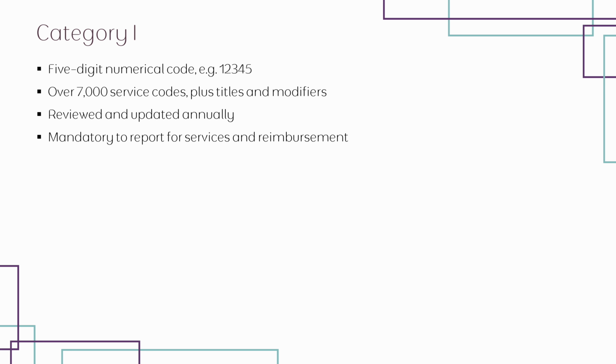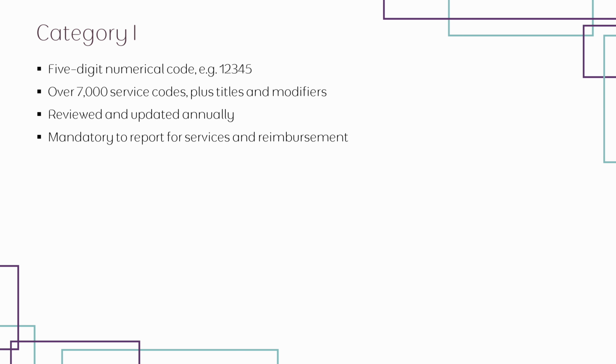Currently, there are over 7,000 individual service codes within your Category 1 section, and each code is accompanied by a description, title, and often applicable modifiers to further clarify the service that is provided. The American Medical Association, or the AMA, through a dedicated panel, reviews and updates these codes on an annual basis.